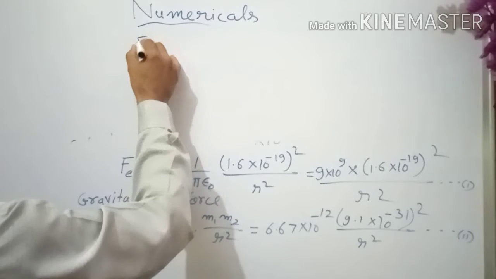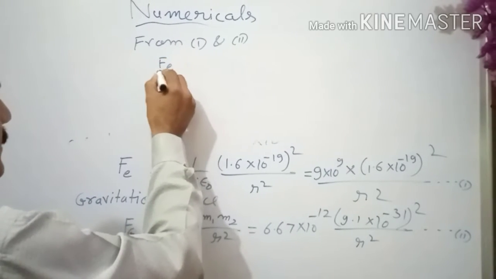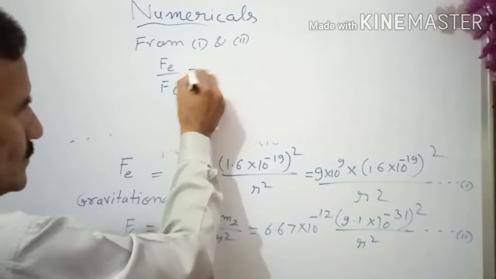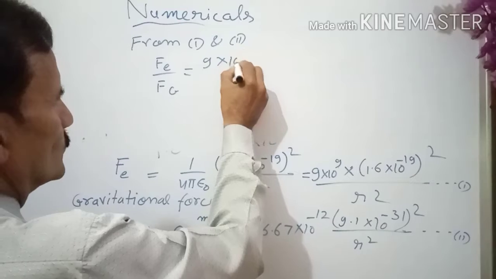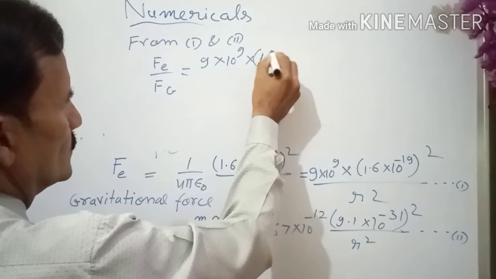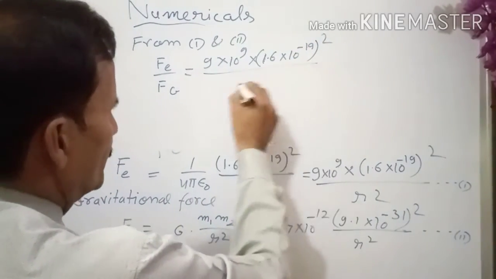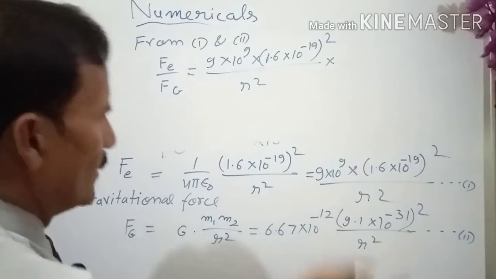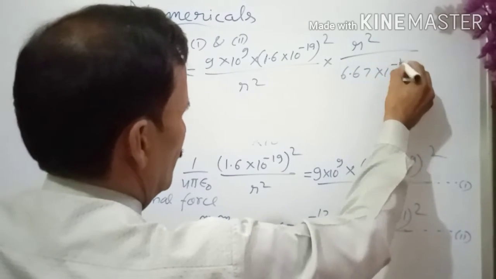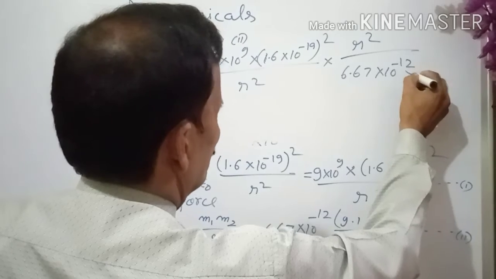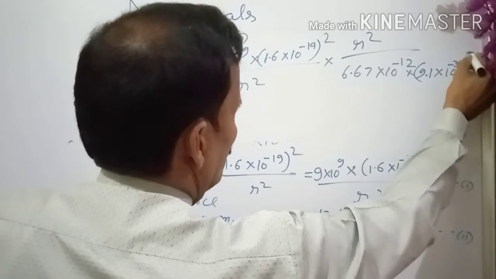From 1 and 2, Fe upon Fg is how much? Fe is 9 into 10 to the power 9 into (1.6 into 10 to the power minus 19) whole square divided by r square, and when you divide, it is 6.67 into 10 to the power minus 12 into (9.1 into 10 to the power minus 31) whole square.